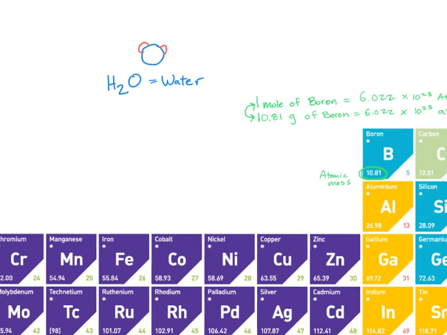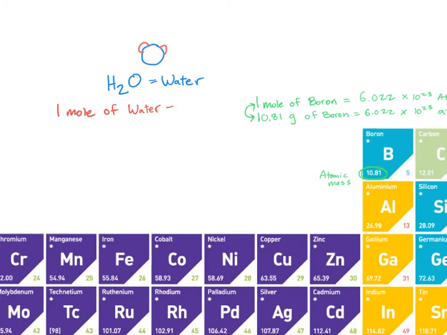If we wanted to know, well, what's 1 mole of water? How much mass is that? Okay, we just need to add up the molecular weights of each of the individual atoms in that molecule.